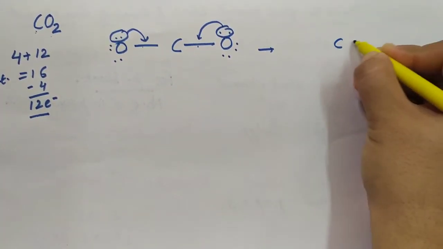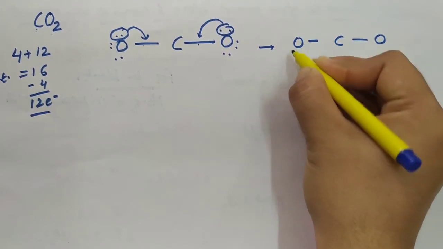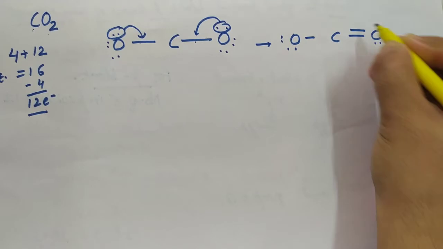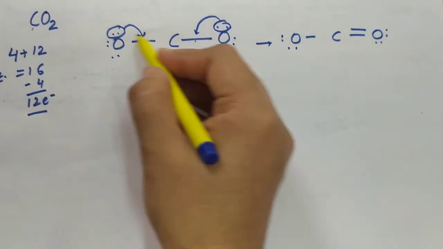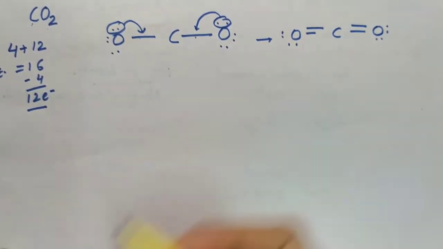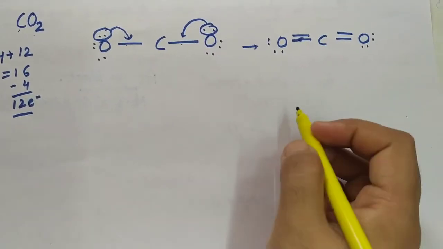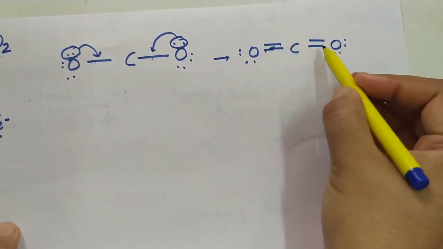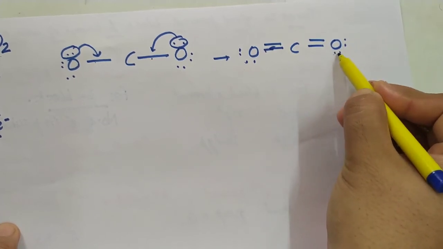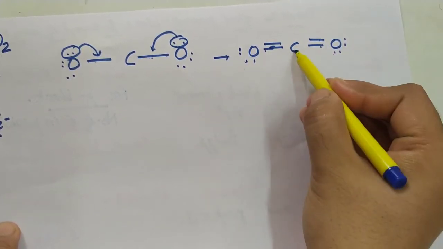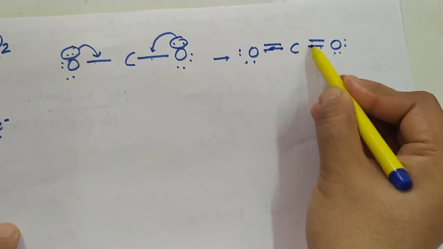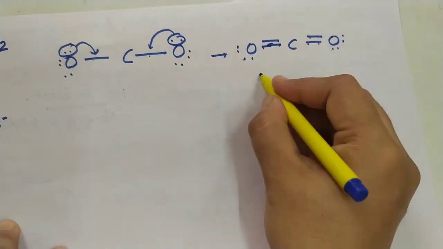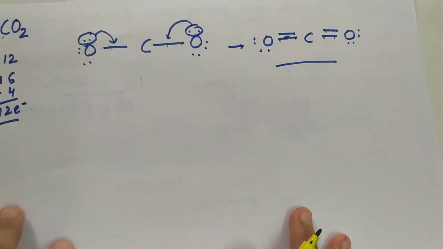It can be written as carbon and oxygen with 4 lone pair electrons each, and this electron pair becomes a bond and the other lone pair also becomes a bond. Now check the octet: 2, 4, 6, 8 on each. All the atoms have completed their octet. So this is the Lewis dot structure of carbon dioxide.